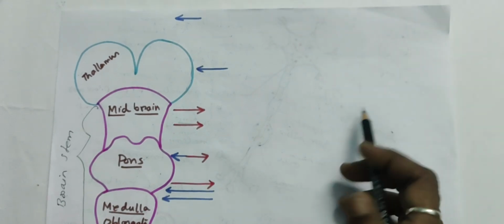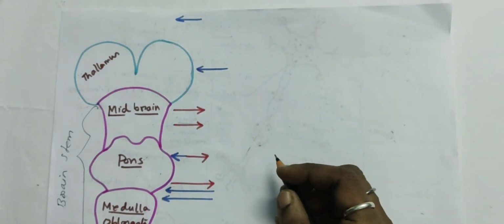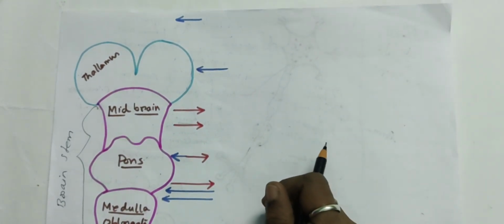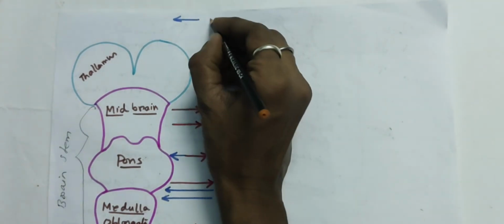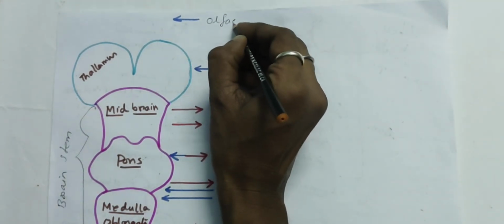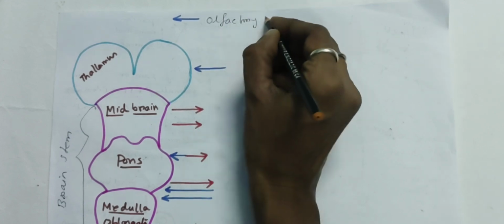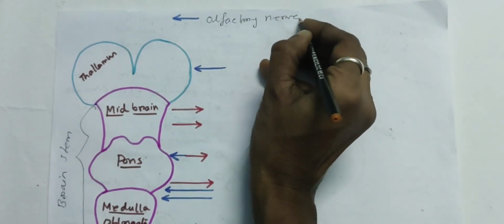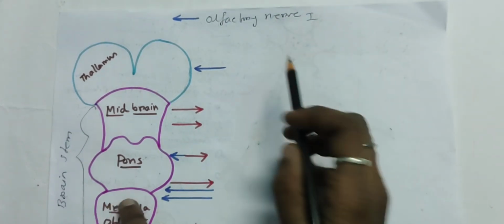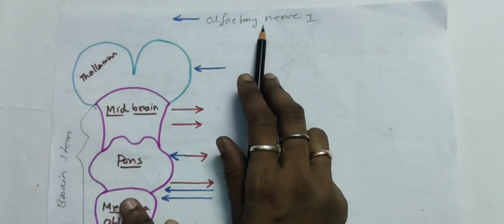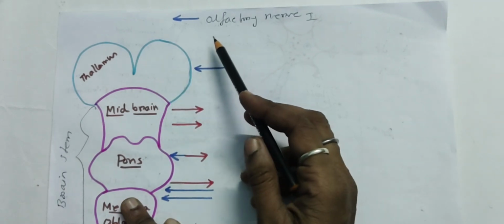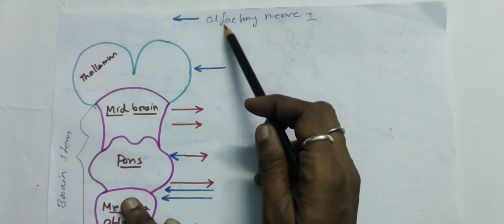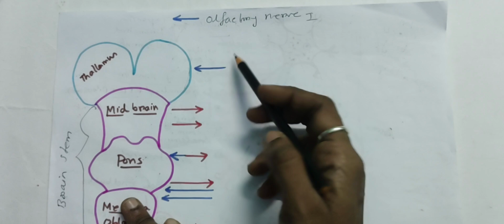First is the olfactory nerve. This one is the first nerve. This nerve is associated with the cerebrum. It innervates signals to the cerebrum.